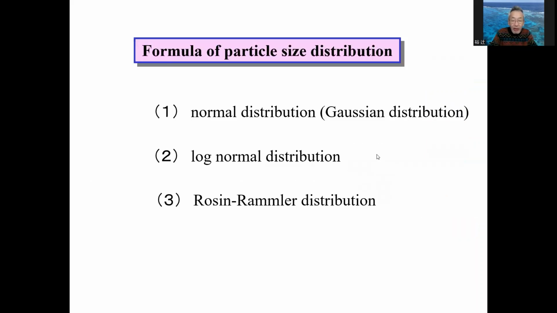Next, I'll explain the following three formulas of distribution function: the normal distribution, the log normal distribution, and the Rosin-Rammler distribution. The normal distribution is also called Gaussian distribution.